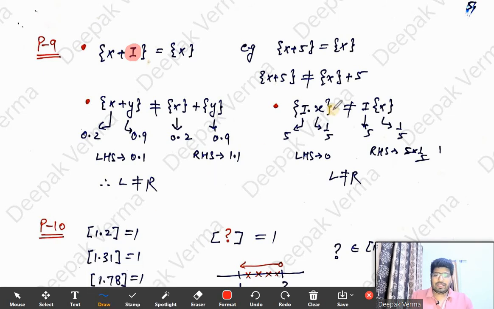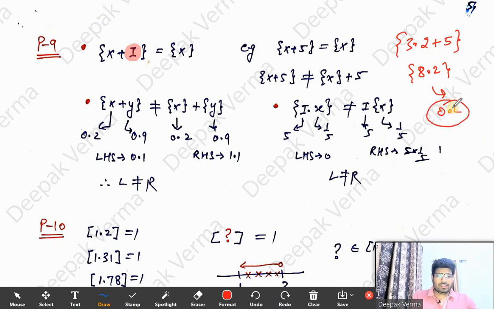Like if we take an example like 3.2 plus, let us take any integer, let's say 5. Now we have to find the fractional part of this. First we add it, so we will get 8.2 and the fractional part is 0.2.